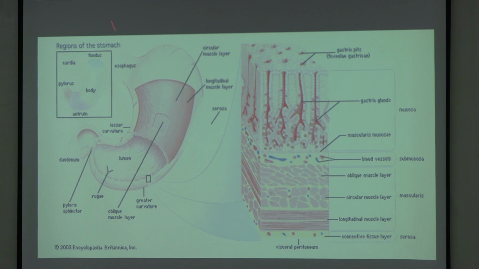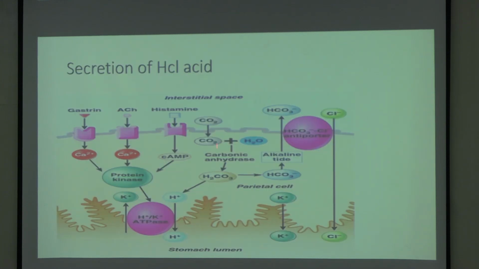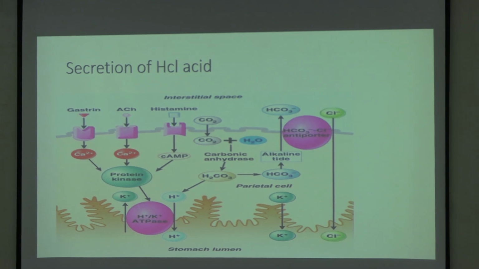So this slide shows again your circular muscle, longitudinal muscles, then gastric glands, muscularis mucosa, blood vessels of the stomach. So secretion of HCl, can you tell me how this hydrochloric acid is secreted? Which cell secretes hydrochloric acid? Anybody?